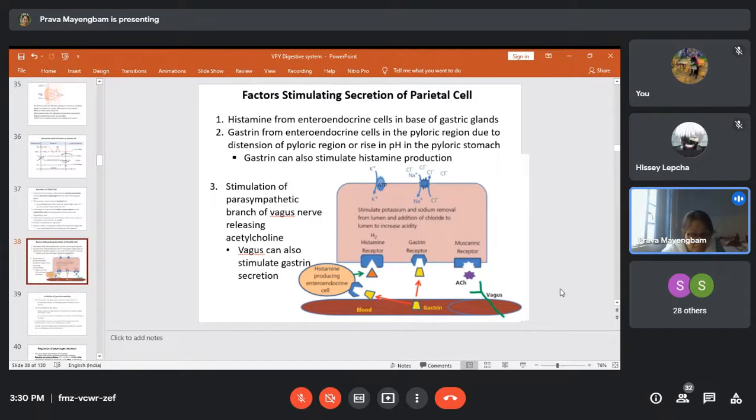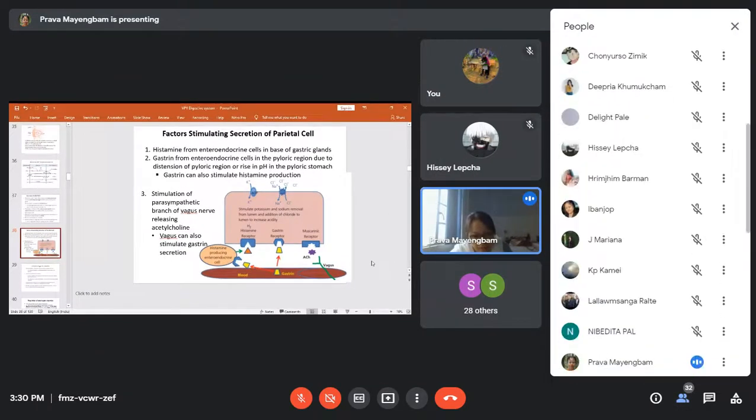Sometimes we have acidity. Why? Because there is more distension, there is more secretion of gastrin. That leads to more HCl secretion and more pepsin secretion, because the more food there is, the more the body needs.